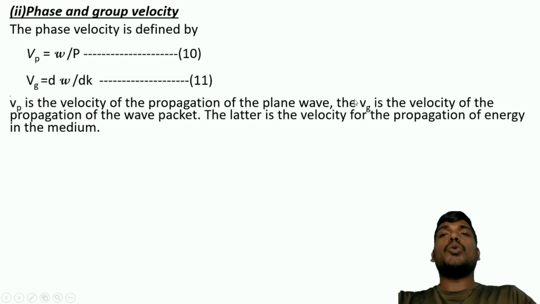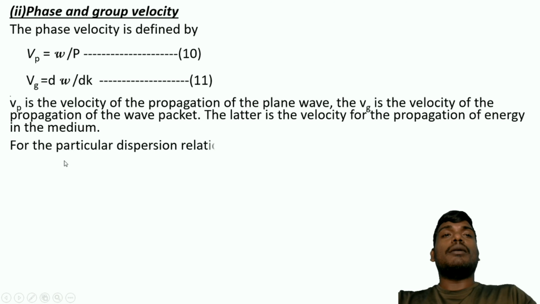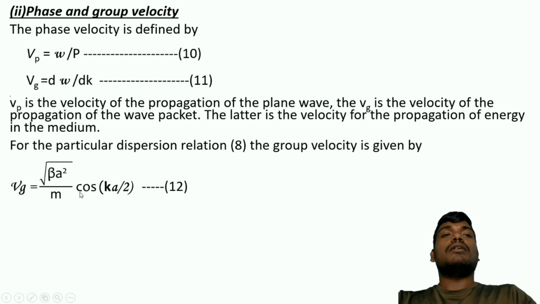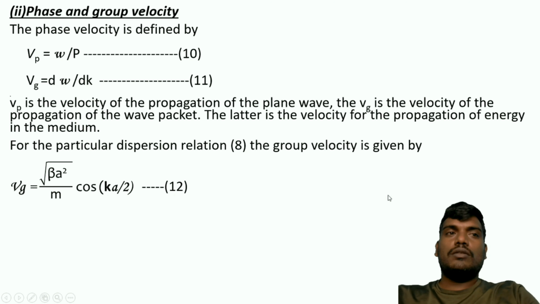The latter is the velocity for the propagation of energy in the medium. For the particular dispersion relation from equation number 8, the group velocity is given by Vg equal to under root of beta a square by m cos ka by 2, equation number 12.